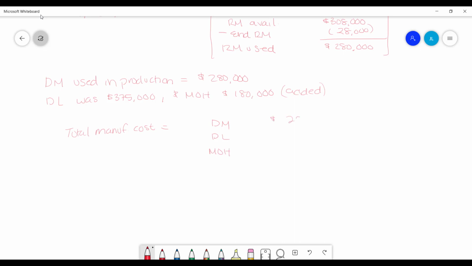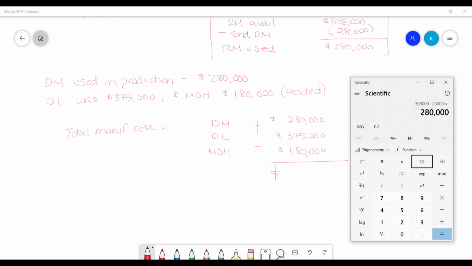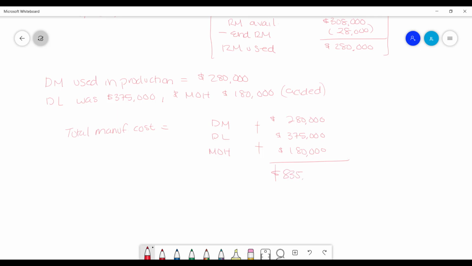So it's the 280,000, the 375, and then the 180,000. Let's add all of those together and let's see what we get. Do 280 plus 375 plus 180. That gives me $835,000 of total manufacturing costs for the period. That one's simply just an addition problem there.